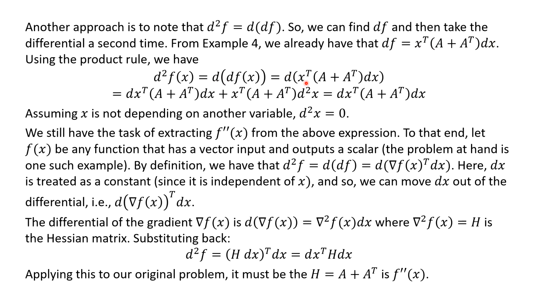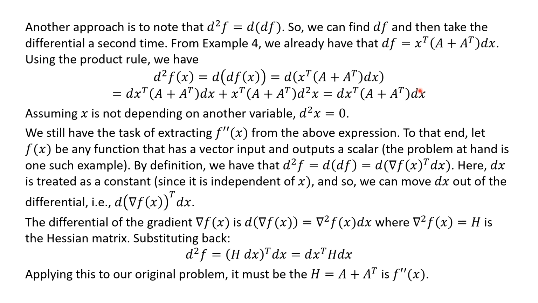So plug this in here. Then we use the product rule. So it will be the differential of the first times the second, and then the first term times the differential of the second. This is just a constant, so you get the second differential of x, which is 0. It's a higher order term, that's 0. And so you just get this here.